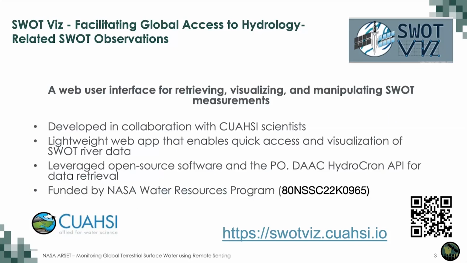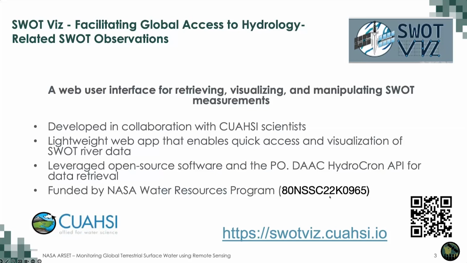I did want to highlight the amazing API that we've been using, the Hydrocron service. If you Google PO.DAAC Hydrocron, this is built by NASA scientists with a big shout out to Nikki Tabaldi. This is what enables SWOTViz to work so fast. I also wanted to highlight funding support from the NASA Water Resources Program.